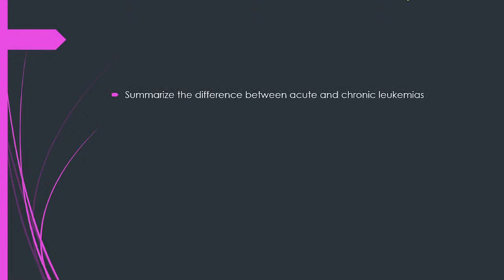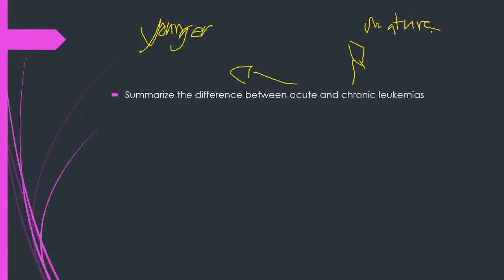Summarize the difference between acute leukemias and chronic leukemias. The difference is that the cells are much younger. Everything you need to remember for acute leukemias is that everything is younger, whether it's the cell or the person being affected. Chronic leukemias are for more mature patients and mature cells.